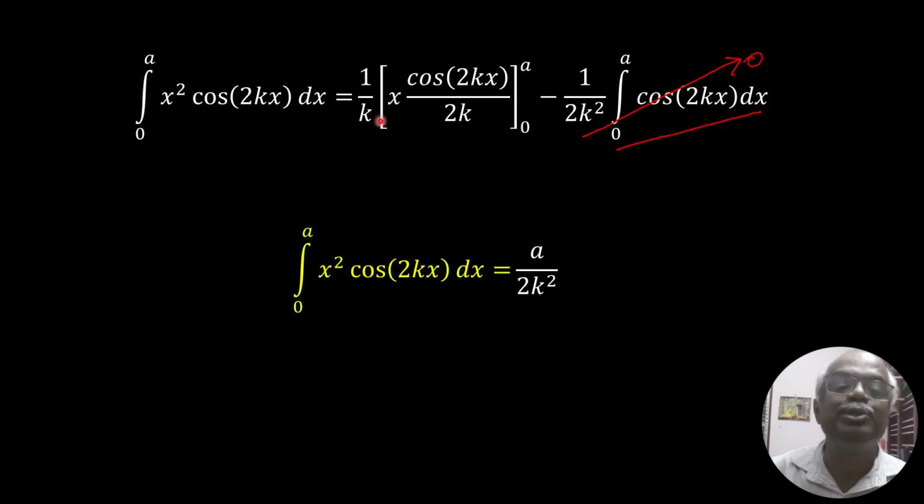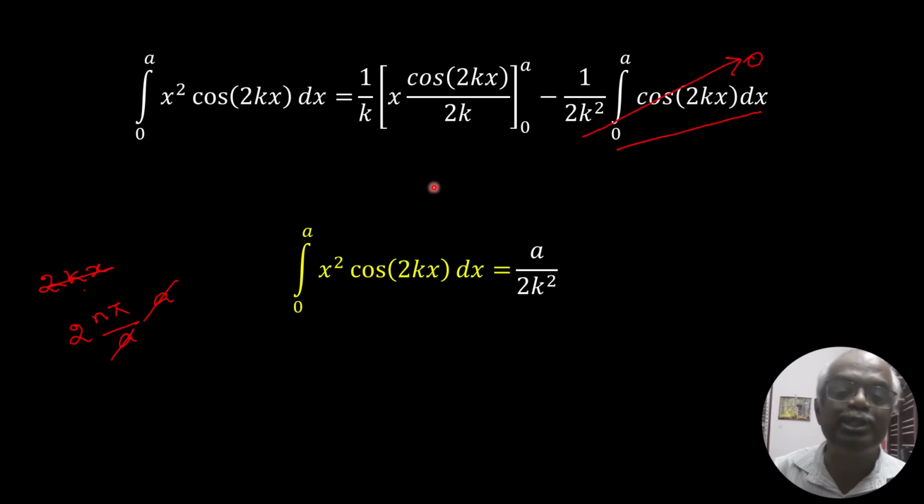Then you come to the first term, which is 1 over k. For the lower limit, it will be 0. What will happen to the upper limit? In 2kx, k is n pi over a and x is a, so a will get cancelled.